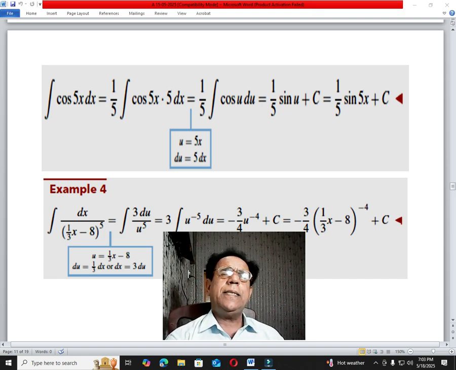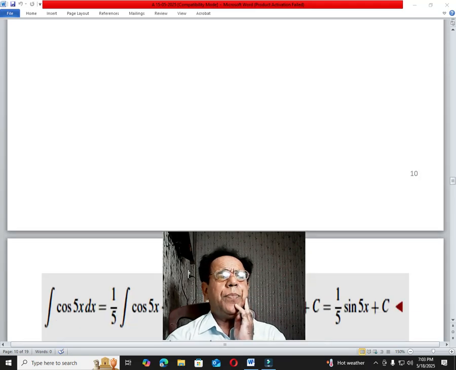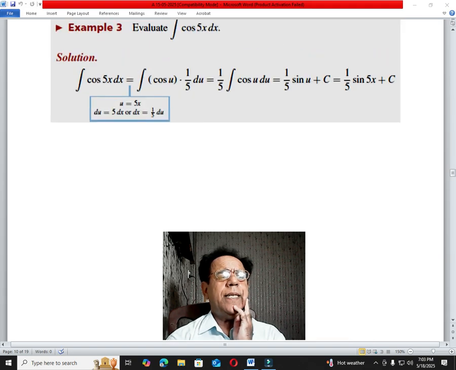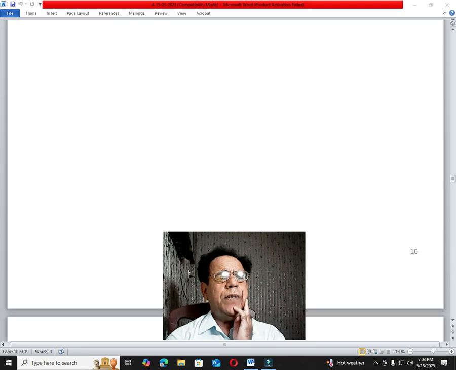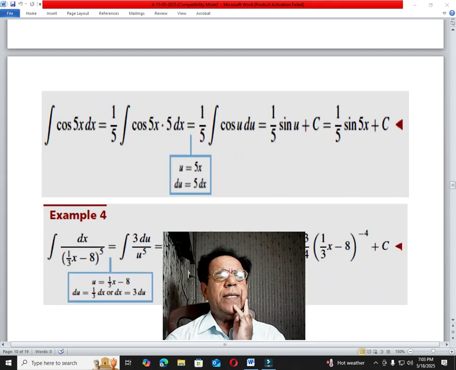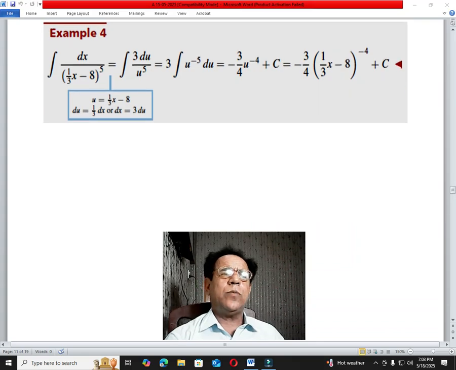This is the same problem as above, example number 3, cos 5x dx. The only difference is that here dx is equal to 1 by 5 du, equal to 5 dx, exactly the same, only a typing difference.